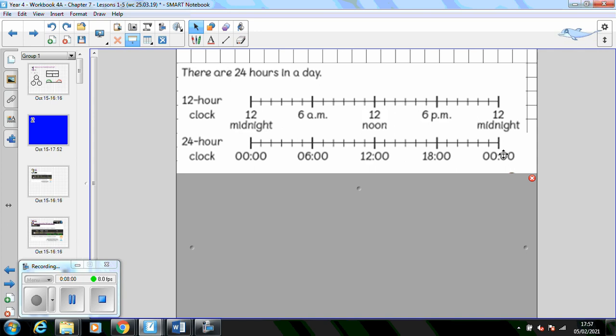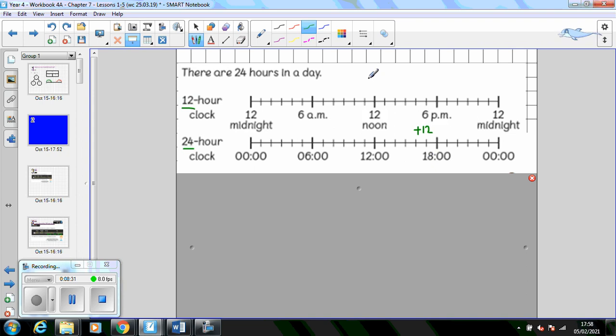So the easiest way to remember how to tell the time between the 12-hour clock and the 24-hour clock is to look at these two numbers. If we want to convert from the 12-hour clock to the 24-hour clock, we add 12. 6 add 12 equals 18.